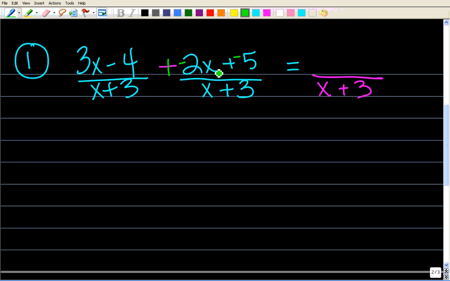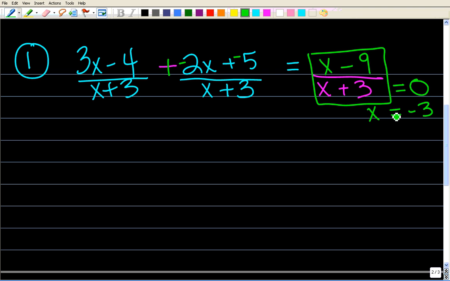Now I have plus a negative 2x plus a negative 5. That way, when I add them together, 3x plus a negative 2x is x, and negative 4 plus a negative 5 is negative 9. I distribute it so I remember that I'm really subtracting both of these terms. That would be as much as that could be simplified. To figure out where it's undefined, look at where that denominator would equal 0. If I solve that, I get x equal to negative 3, and x cannot be equal to negative 3.